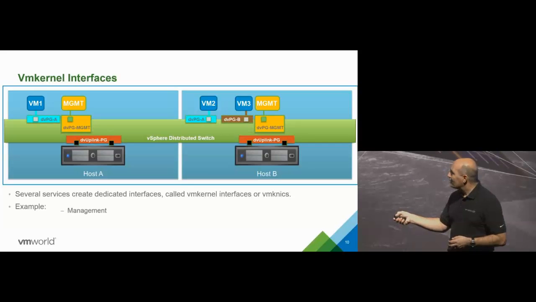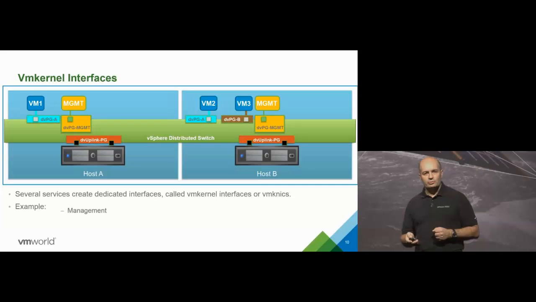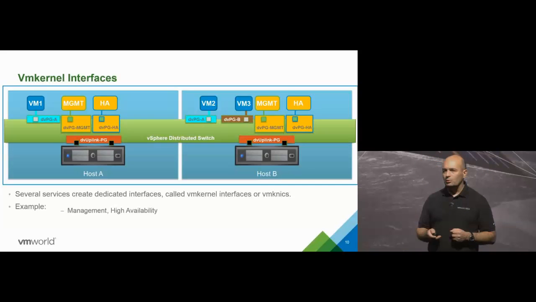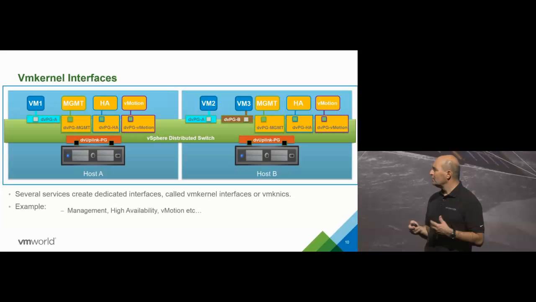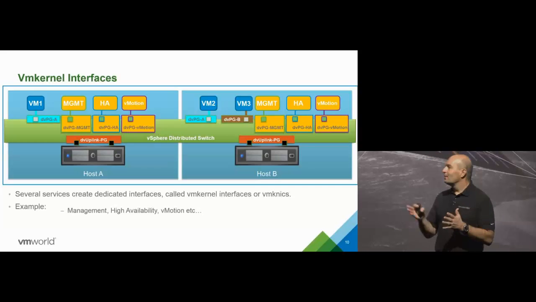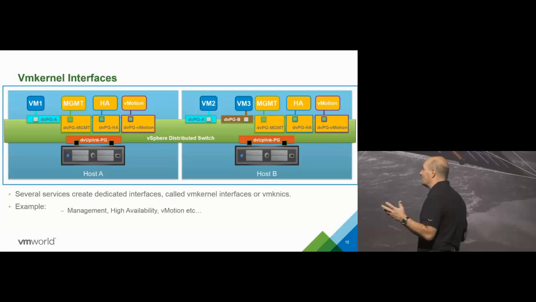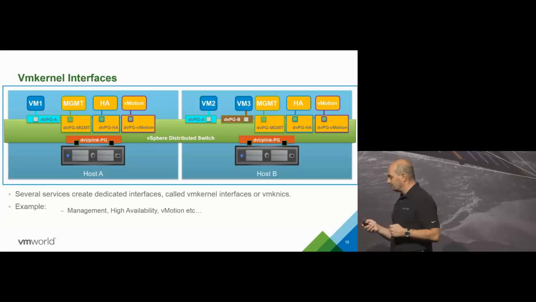For example, this is a management module. It would have an interface that connects to a DV port in its dedicated DV port group here. So we have several of those services that leverage different vmknics that are themselves attached to different DV ports, which then can be grouped in DV port groups. They can be several DV port groups or one DV port group. This is something you configure.